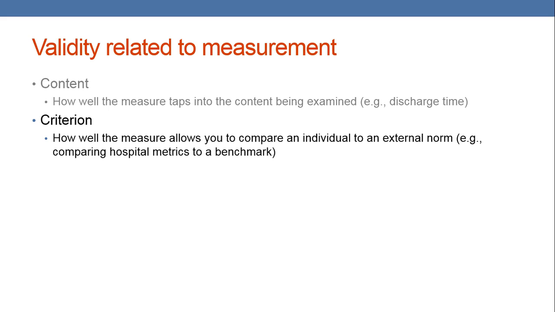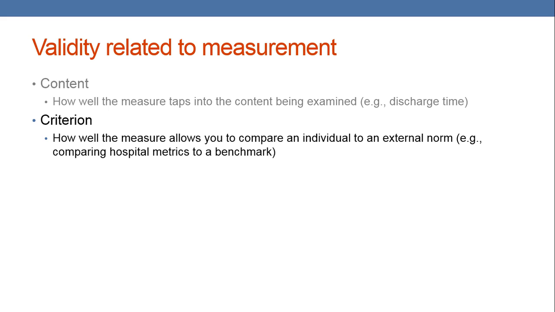Criterion validity looks at how well the measure allows you to compare an individual to an external norm. This is really significant when it comes to using benchmarks, which we use a lot in healthcare.